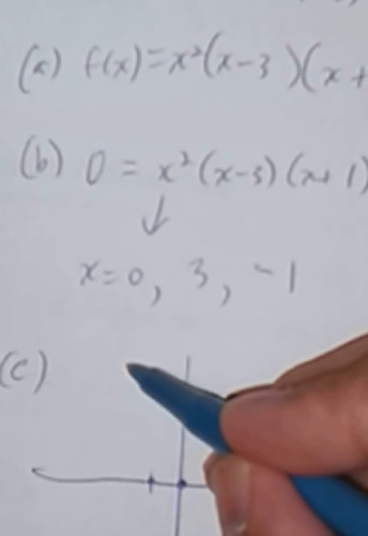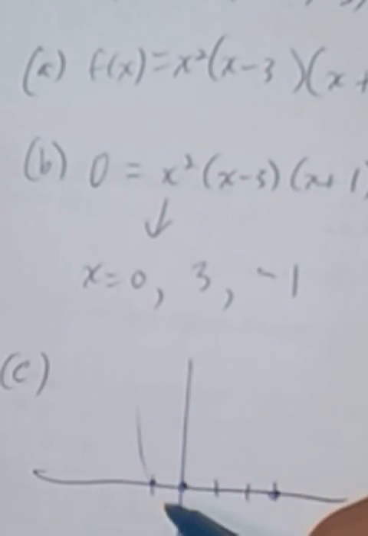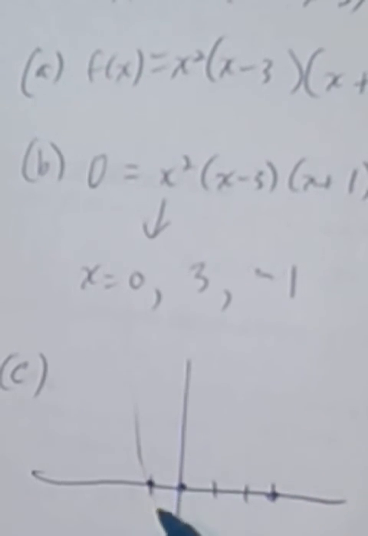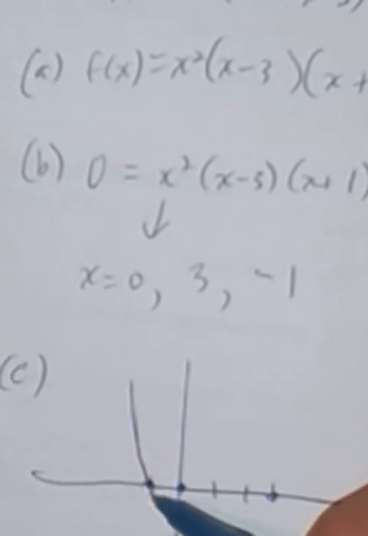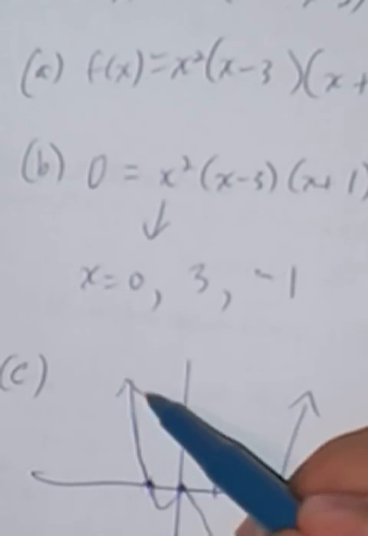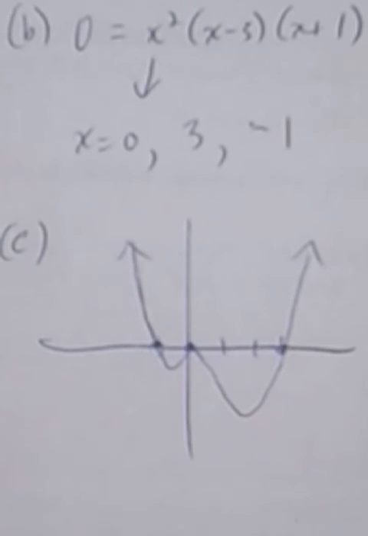So it's going to be coming down from this side. It's going to cross there. Then it's got to come back up to this guy, but at 0, the multiplicity is 2, so it's going to bounce off, and then it's going to come back up and cross here. So it's going to come down that way, and then it's going to go back up that way. All right, there's my sketch.